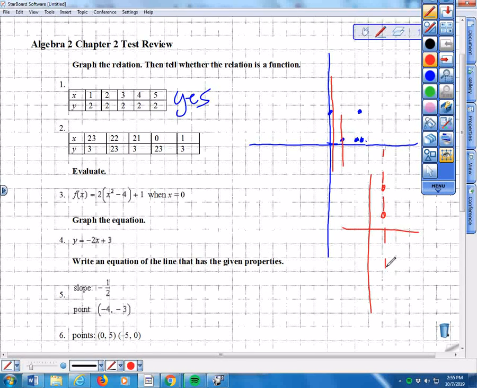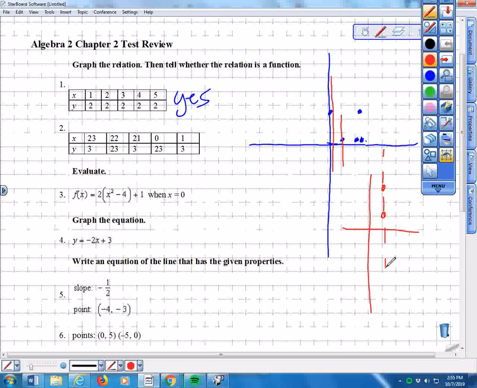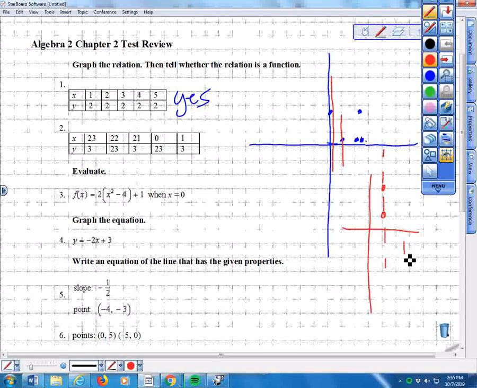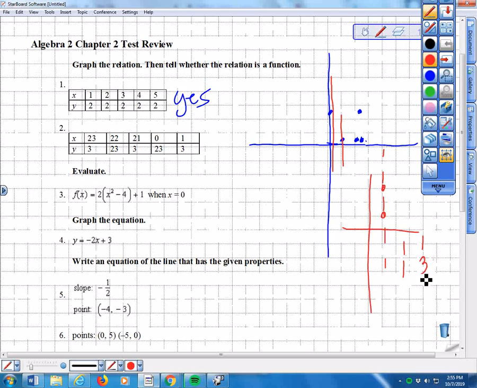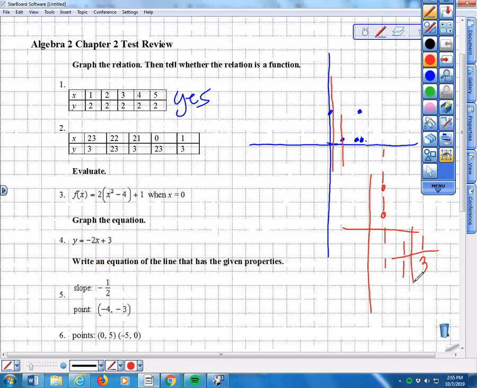It'll go through twice. If I plotted 1, 1 and 1, 3 from a table, that would not be a function. It's still a relation, it just doesn't qualify as a function.